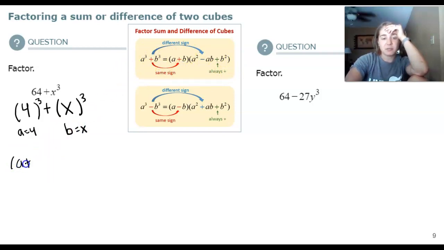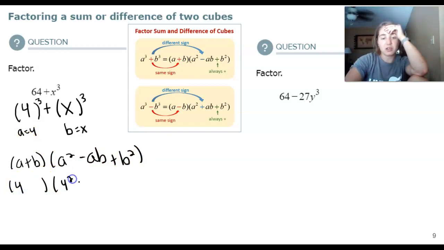So I have a plus b, a squared minus ab plus b squared. Everywhere I see an a, I'm going to put a 4. Everywhere I see a b, I'm going to put an x. I'm just going to rewrite that a little nicer.